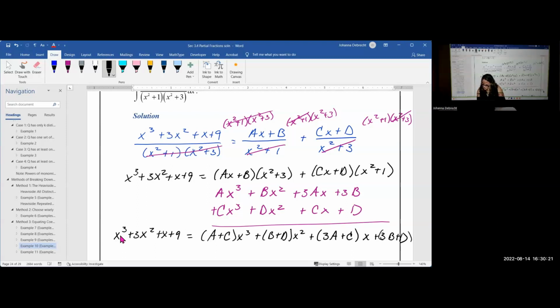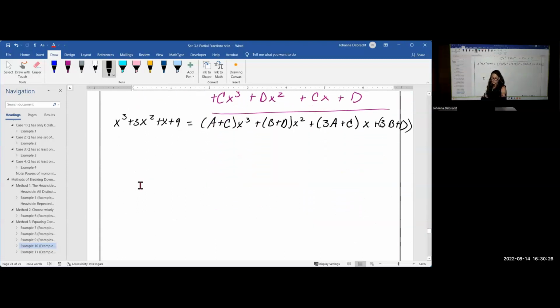And this last one, of course, represents the constant, right? Now we equate coefficients. So now that I have written them in the same format as what's on the left, I can equate the coefficients.